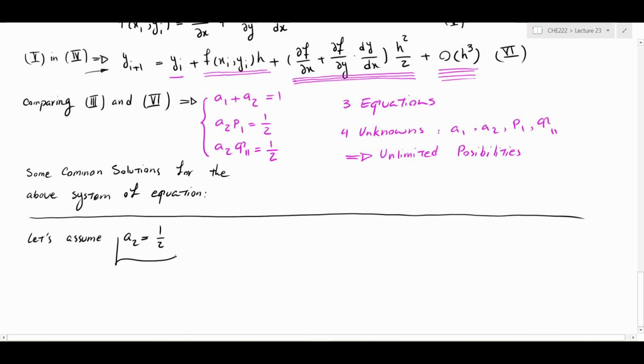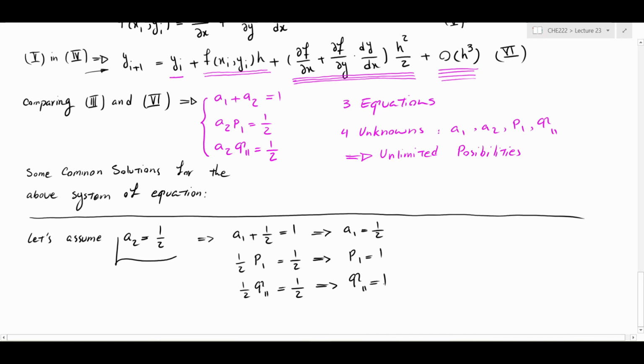So if we replace that into the system of equations, we get a1 plus 1 over 2 is equal to 1, which results in a1 equal to 1 over 2. 1 over 2 times p1 is equal to 1 over 2, which results in p1 equal to 1, and 1 over 2 times q11 is equal to 1 over 2, which results in q11 equal to 1.